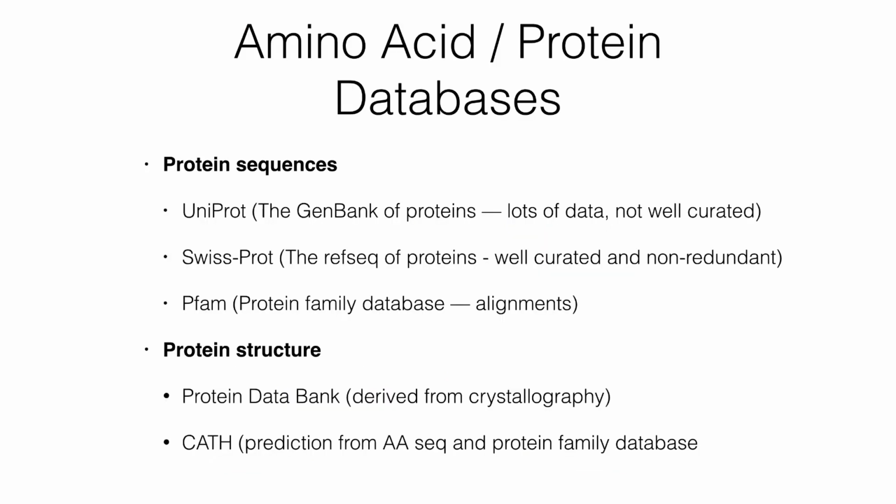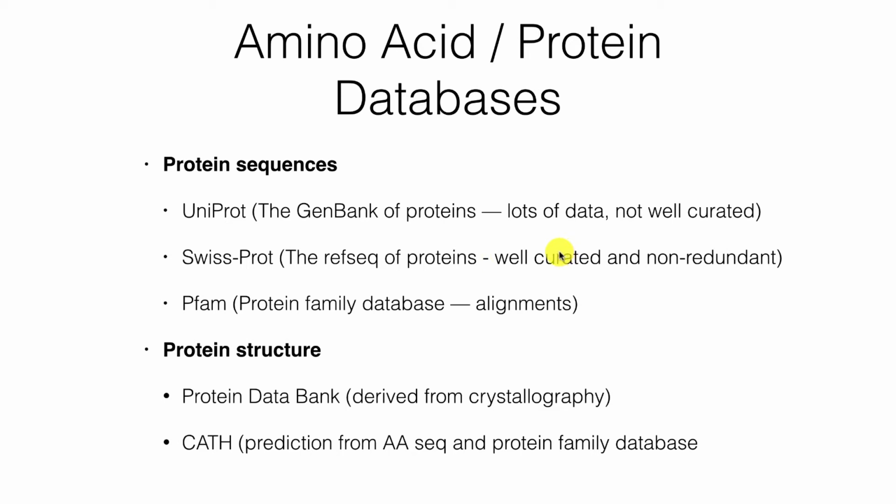If you're interested in protein, which we don't work with a whole ton in this class, there are kind of equivalents to the nucleotide and the gene database within NCBI. There is UniProt, which is the equivalent of NCBI Nucleotide. Pretty much anyone that sequences a protein can upload it there. It's not well curated, tons of overlap. SwissProt is pretty much the NCBI Gene or RefSeq equivalent for proteins.